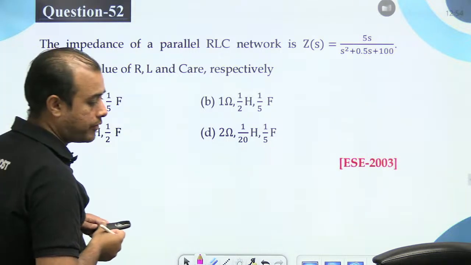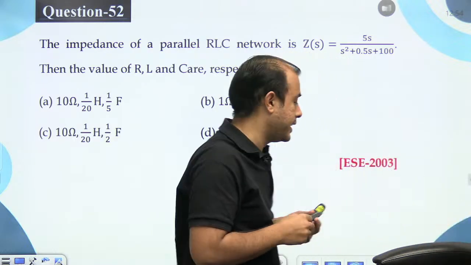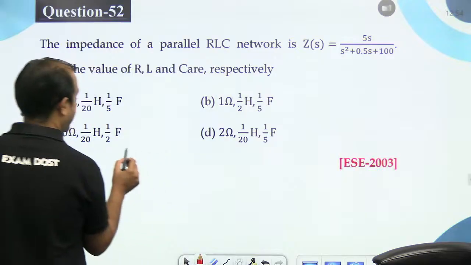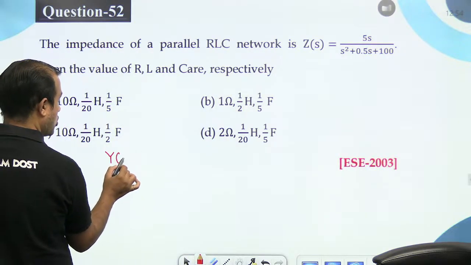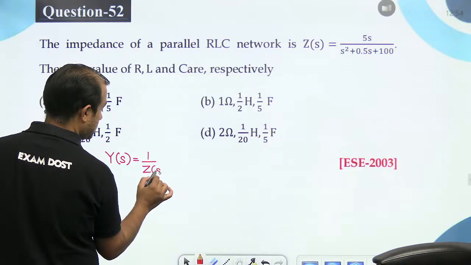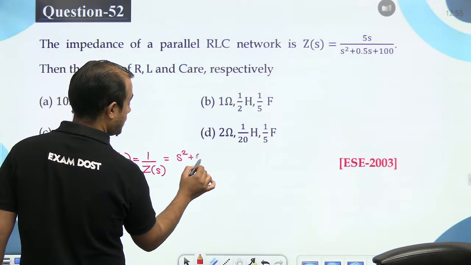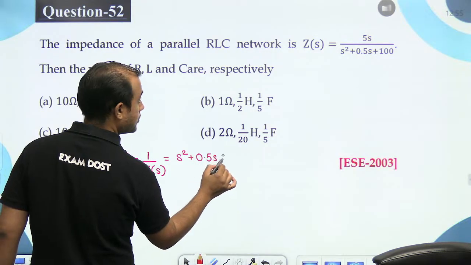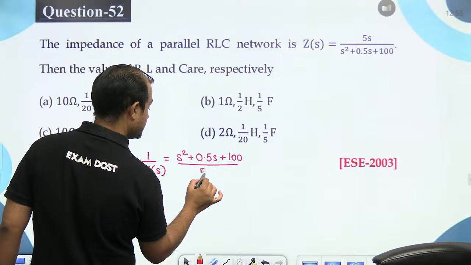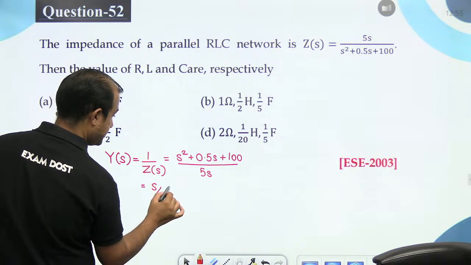Now, impedance of a parallel RLC network is given by this. We need the value of R, L and C. Similar question मैंने कल आप लोगों को दिखाया था। For a parallel network, it is always better to go by admittance instead of impedance. So S by 5.